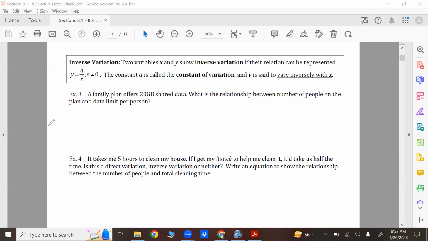Let's look at example 3 here. A family plan has 20 gigabytes of shared data. What is the relationship between the number of people on the plan and the data limit per person? The relationship is going to be inverse, and it's going to look like this. The data will equal k over the number of people.